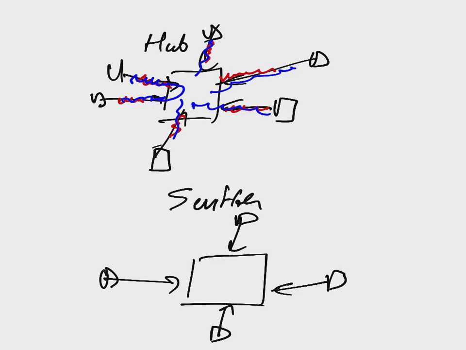For example, a switch analyzes the source and destination MAC address of a particular Ethernet frame, and if this frame is from MAC address 1 to MAC address 2, it sends this frame from the device connected with MAC address 1 to MAC address 2.